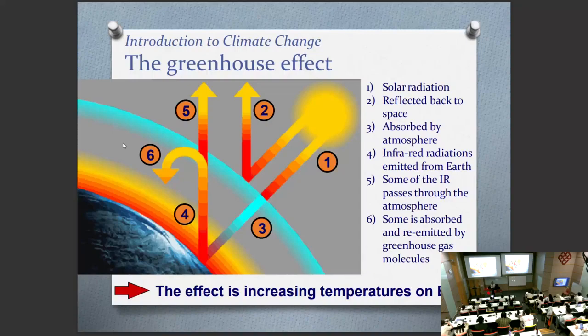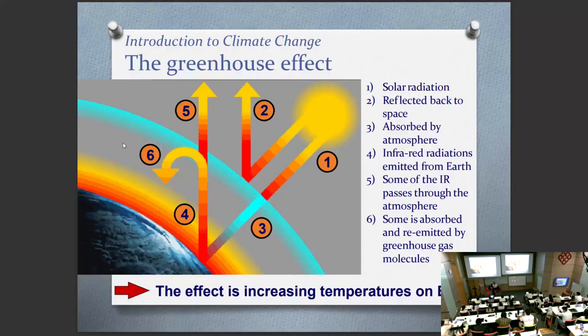It's just that human activities are adding too much greenhouse gas to the atmosphere. In the pre-industrial revolution period, we had animals and human beings, and animals also give out carbon dioxide, right?